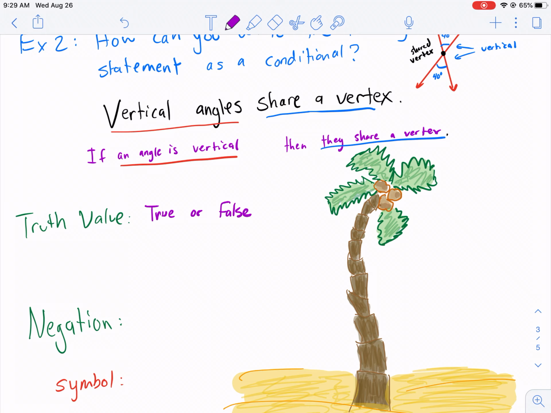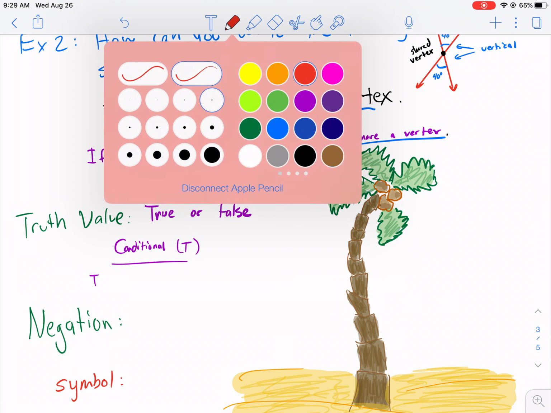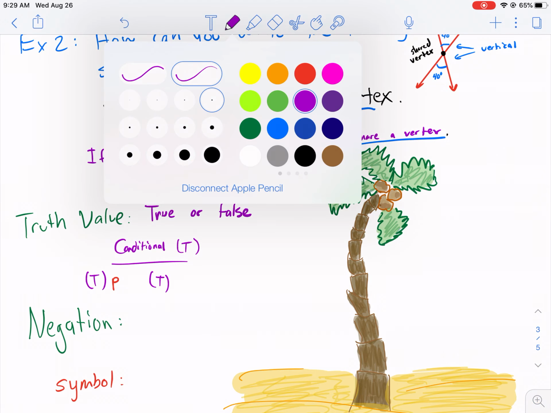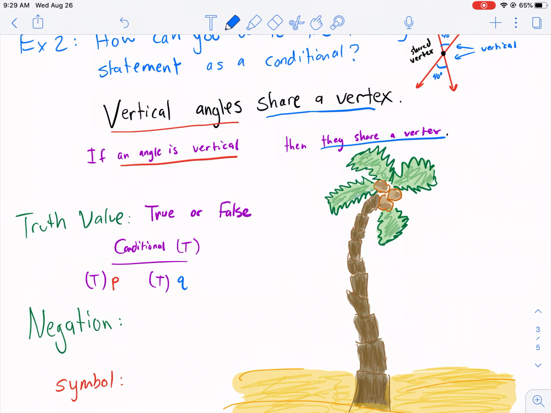If a conditional is true, it needs a true hypothesis. It needs a true P leading to a true Q, okay? It's got to be both true.